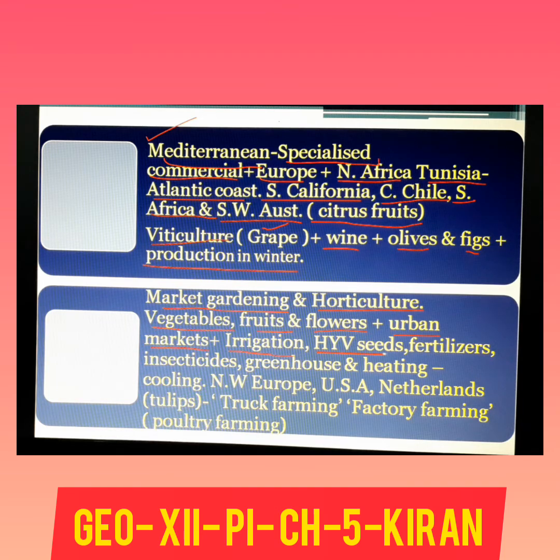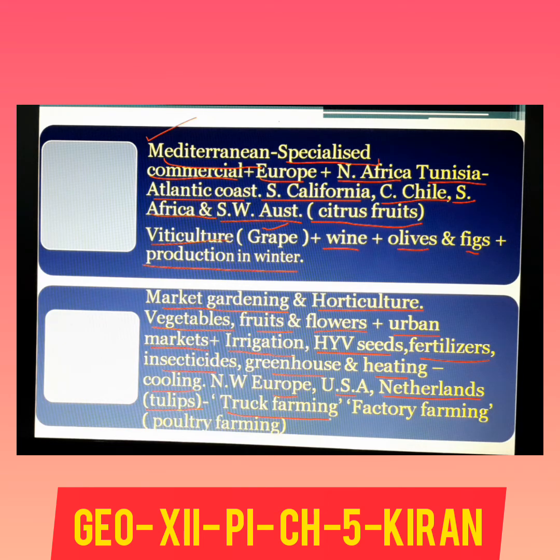HYV seeds are used. Fertilizers are used, insecticides, and there is also use of greenhouse technology, which is heating and cooling of the temperature. Northwestern part of Europe, USA, and Netherlands have developed this type of agriculture. Netherlands is known for cultivation of tulip flowers.